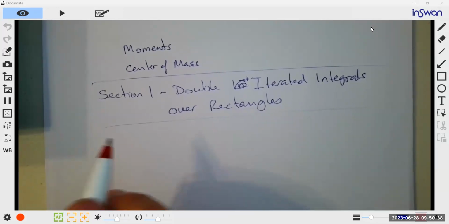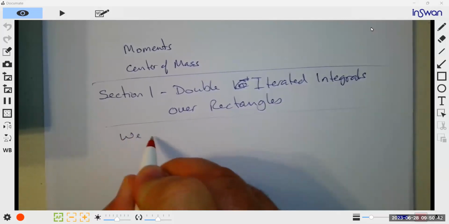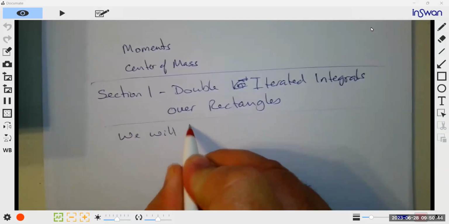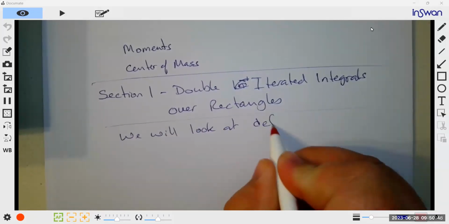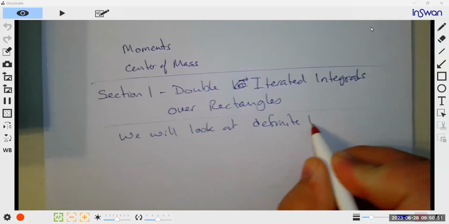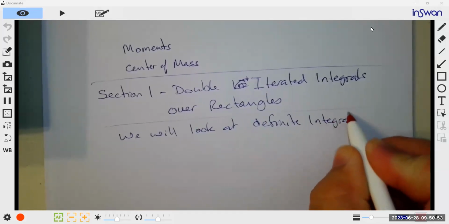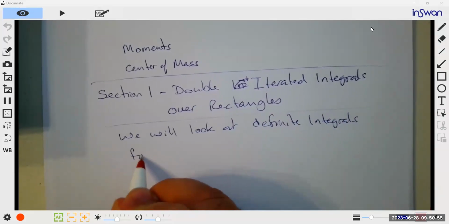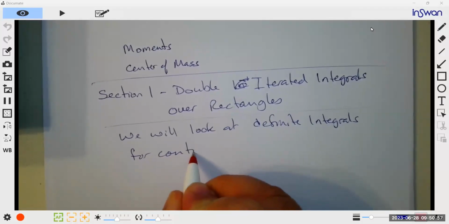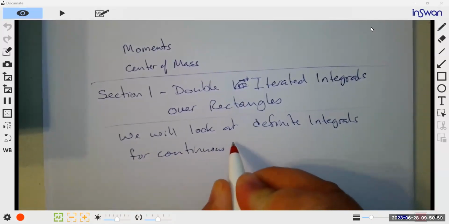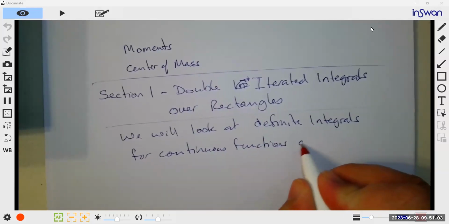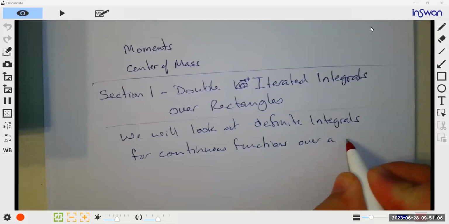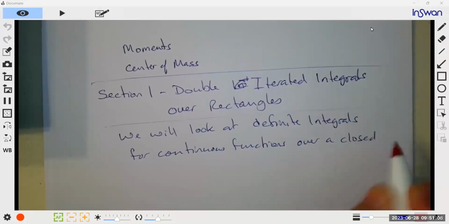Because what we have to deal with here, same as in Cal 1, is that we're going to look at definite integrals for continuous functions over a closed interval.